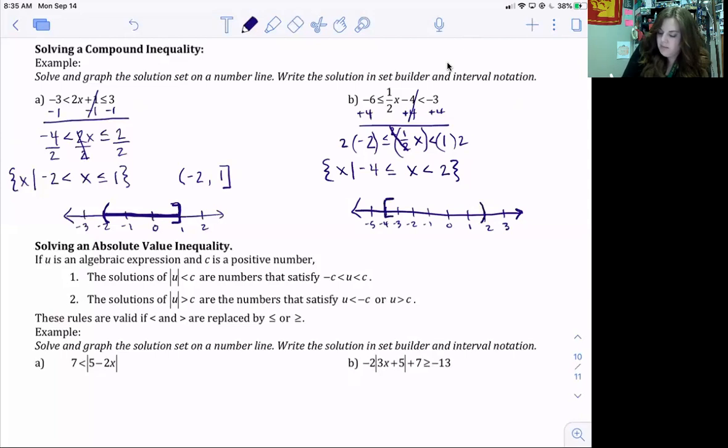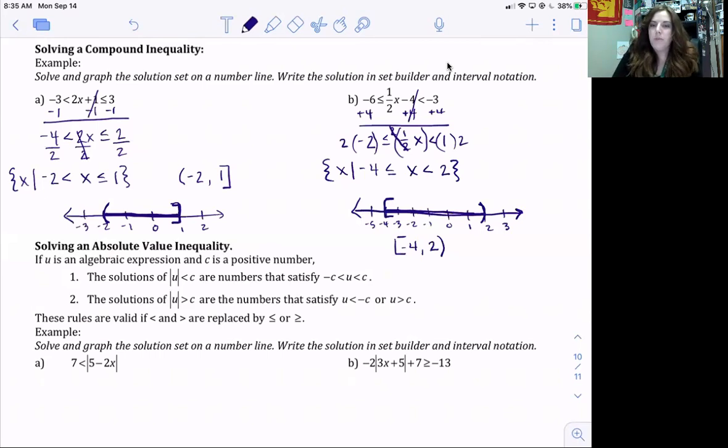At 2, we're going to have a parenthesis, and we're going to shade everything in between. So now our interval notation is going to match that. So we're going to have bracket -4 going up to 2 with a parenthesis. All right, so that's our and compound inequality.